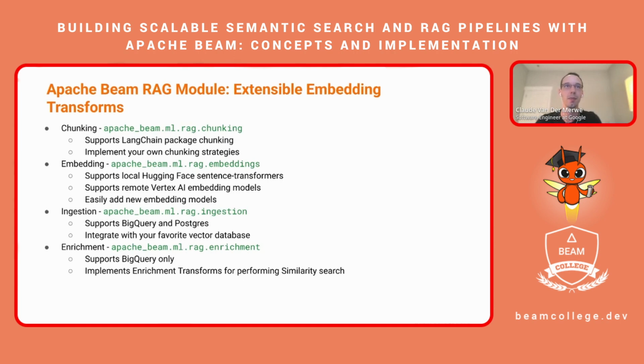Ingestion, currently supported are BigQuery and Postgres. And enrichment, also known as vector search, we only support BigQuery. But if you feel there's anything you'd like to see here, feel free to implement your own vector databases, chunking strategies, or embedding models.